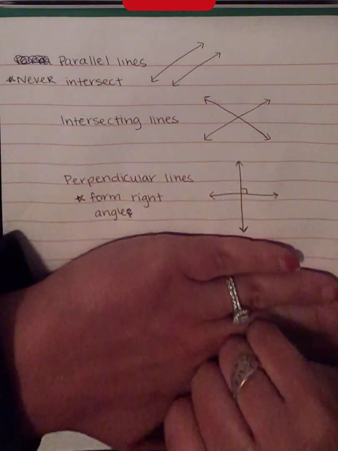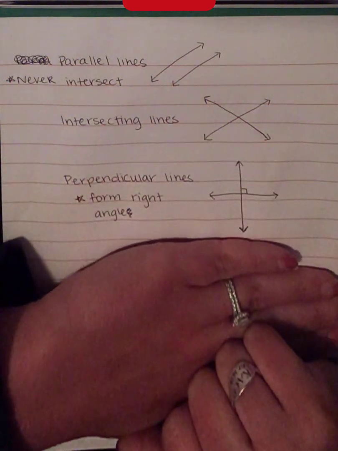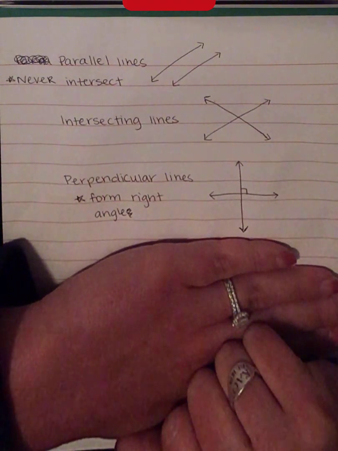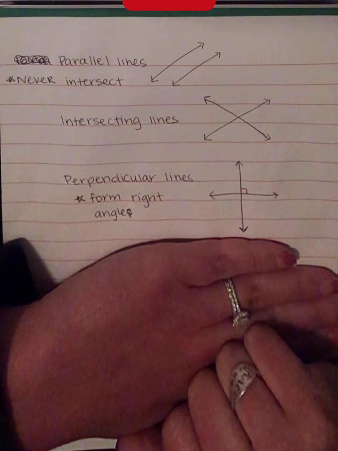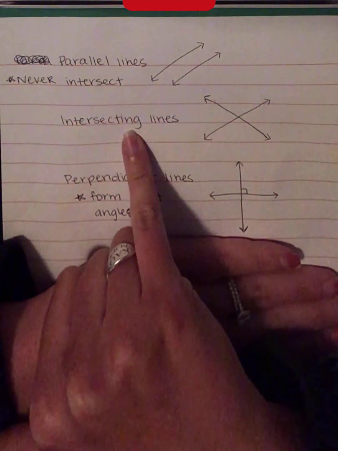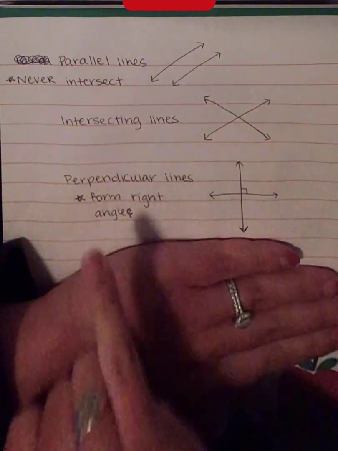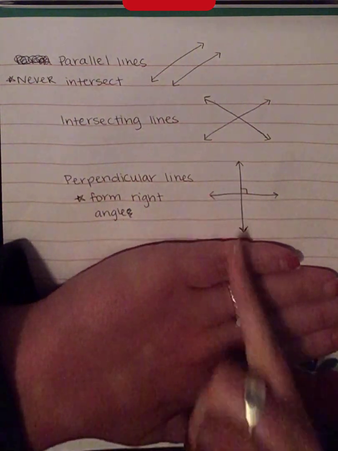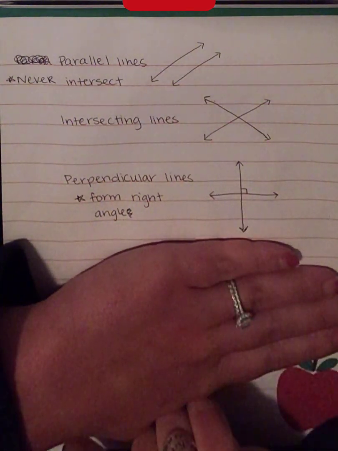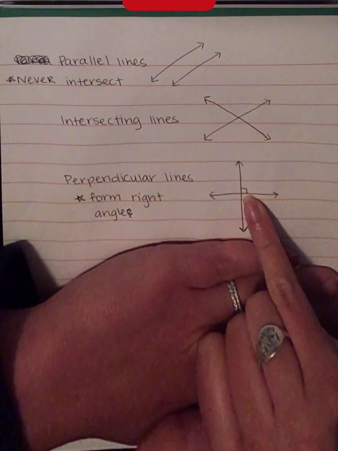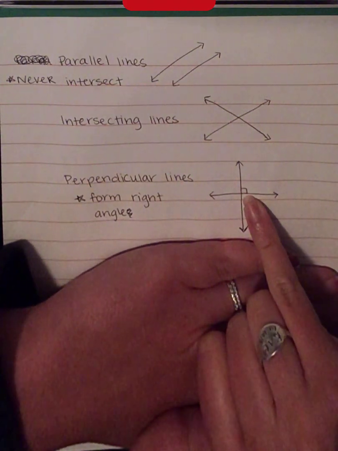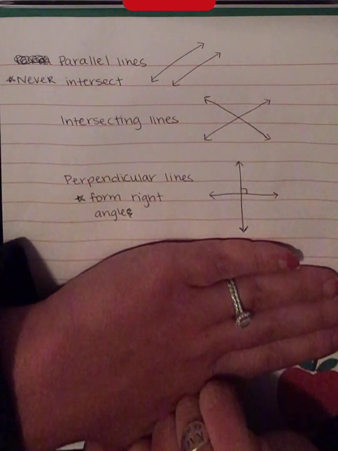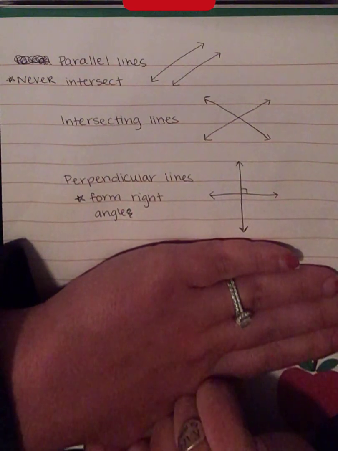Okay, our last set of lines that we're going to talk about in today's lesson are perpendicular lines. The thing about perpendicular lines, they're very similar to intersecting lines, but they form right angles. So what that means is where they intersect, a right angle is formed, just like you see here. And remember, a right angle from our last lesson makes like the corner of a square or the corner of a rectangle.